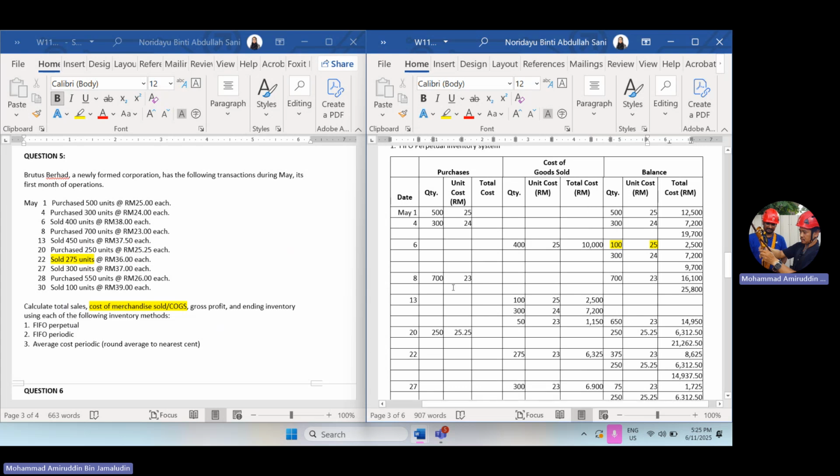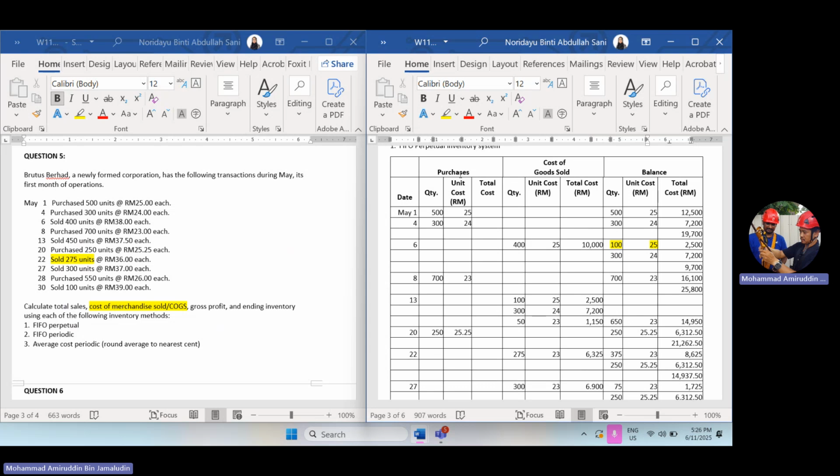Okay. I think I can increase the speed for this 5-4 perpetual, the one that we did just now for question 3 and question 4. You apply purchase 500 units, 525. This is purchase, so I put under purchase. In the question, you may not have an opening balance because that month is the first month this company started their business.